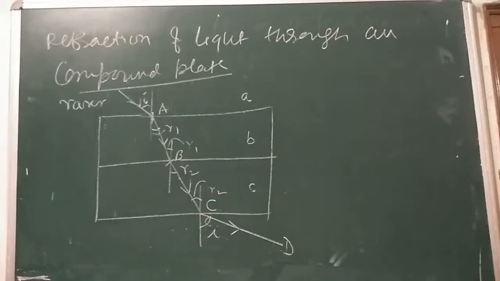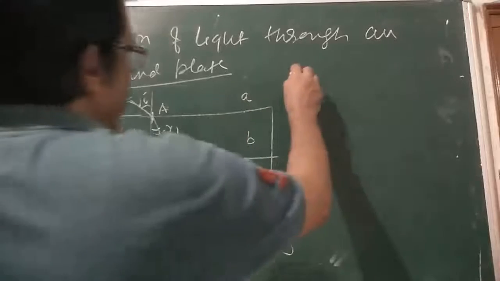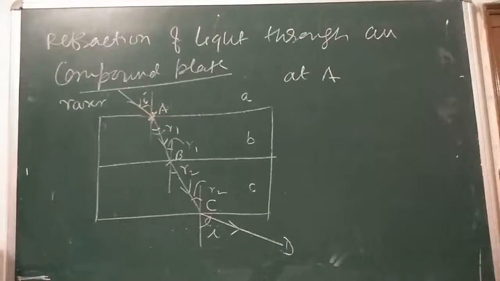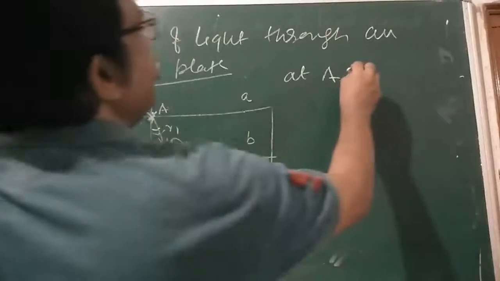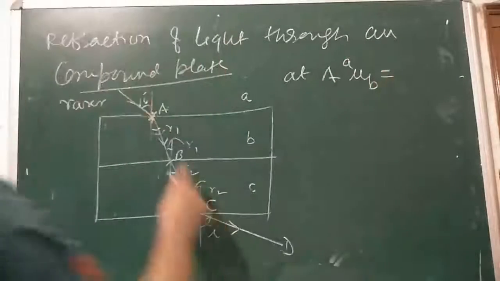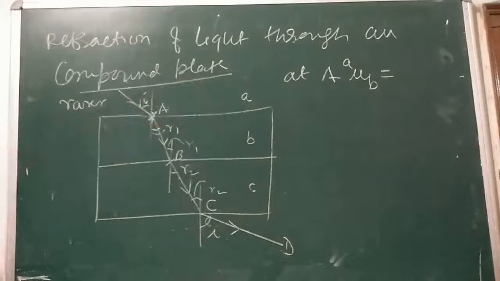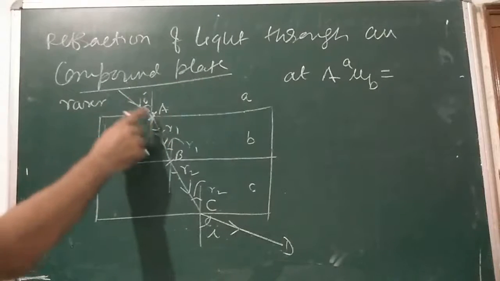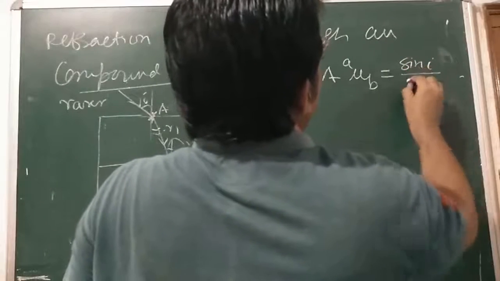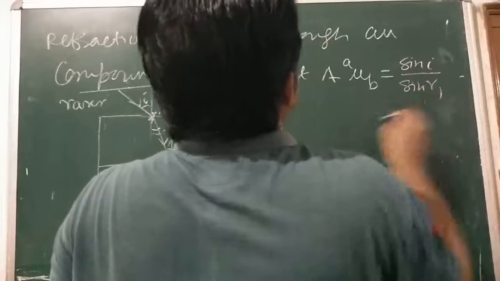So what are we seeing here? Refraction of light at three surfaces. Suppose at A, apply Snell's law. The refractive index of B with respect to A equals sine of I upon sine of R1.